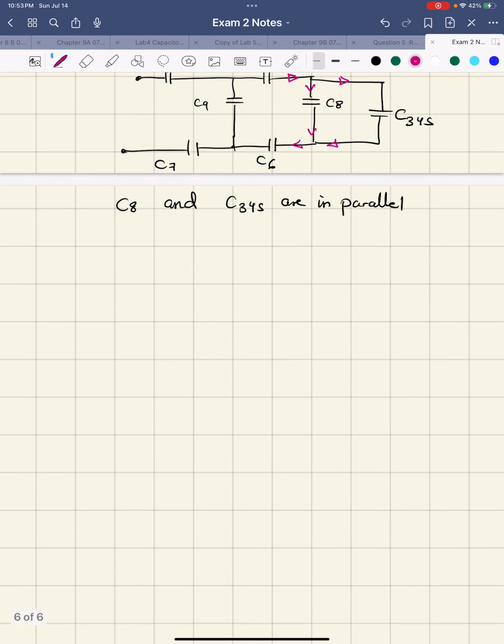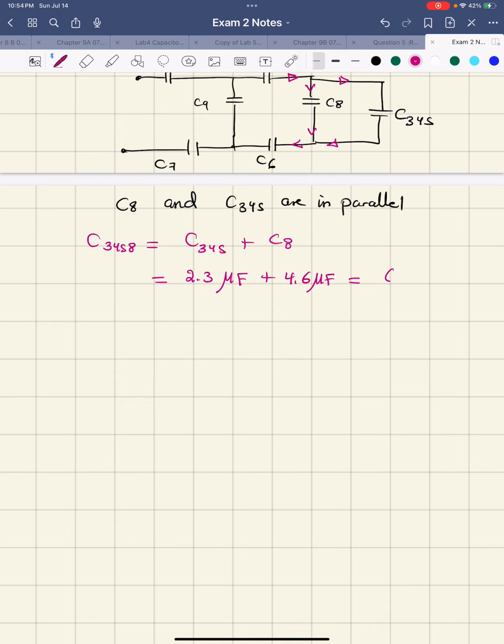Then I will say C3458. The rule is you add, it's easier. Therefore this is going to be 2.3, which we calculated in the previous step, plus 4.6, which is the value for the other capacitor, and that is going to be 6.9.